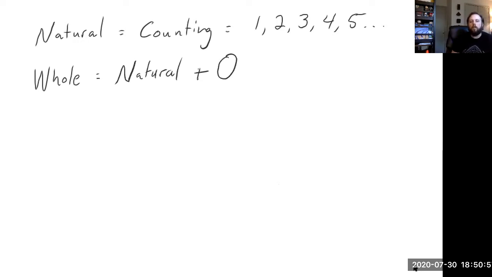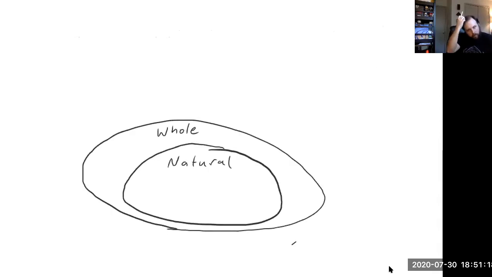So whole numbers are all of the natural numbers plus 0. So we could say 0, 1, 2, 3, and so on. So the only difference between the natural numbers and the whole numbers is the whole numbers set includes 0. So all natural numbers are whole numbers.